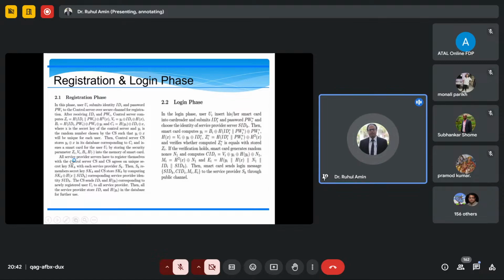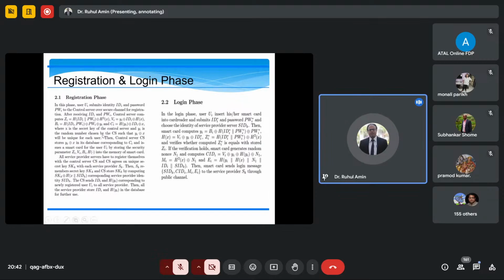And as the service provider server also wants to provide services to the user, it also has to register with the control server. So in this way the service provider server is registering with the cloud control server, and after registering, the control server stores some information in its database, and also some information about the user.